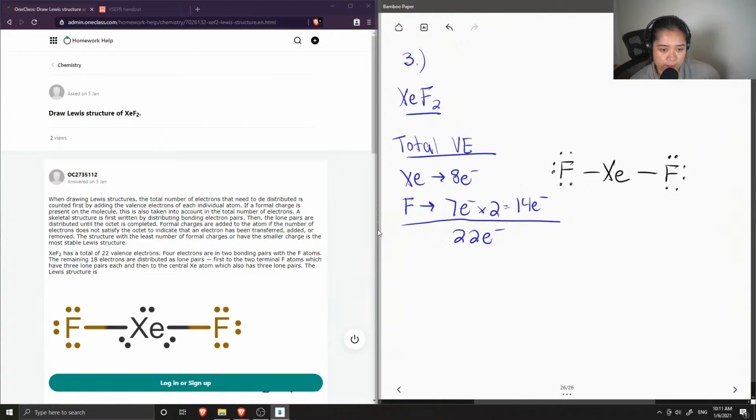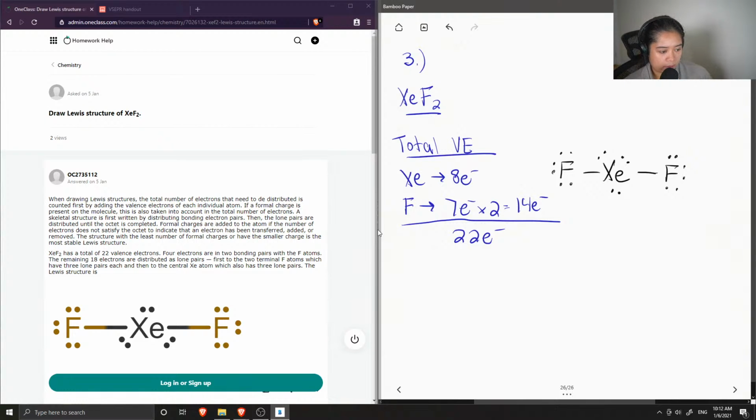So far I have drawn 1, 2, 3, 4, 5, 6, 7, 8 times 2, so 16. But I need 22, so I'm going to draw the remaining 6 as lone pairs on the xenon.